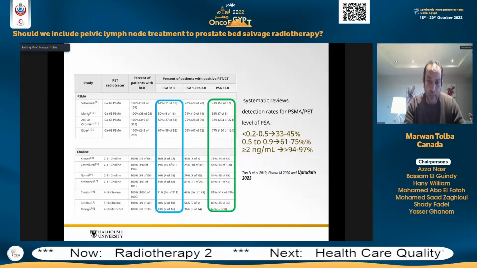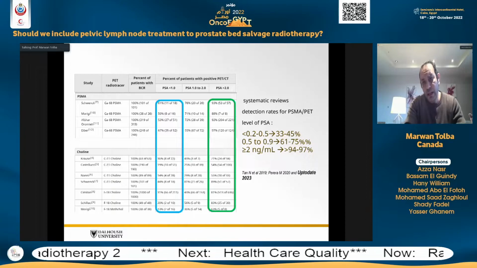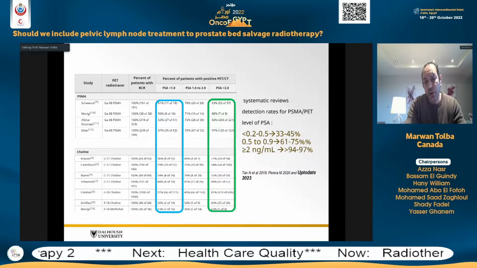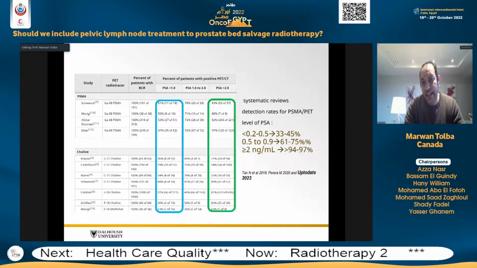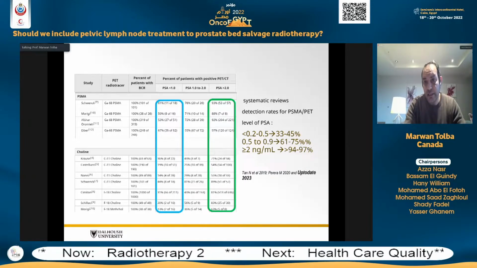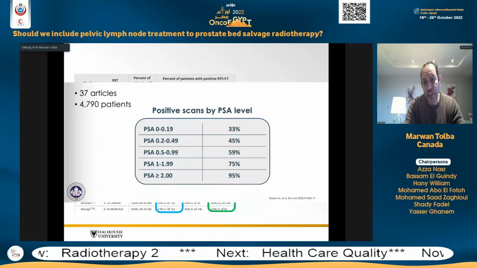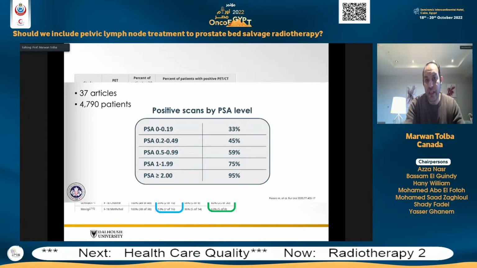Actually, according to many studies and systematic reviews, the detection rate or accuracy for occult metastasis using the PSMA PET scan ranges from 33 to 45% at PSA values less than 0.2 and up to 0.5. If we can see here, the Canadian Urological Association is defining the positive predictive value, or the accuracy rate, of detection of occult metastasis in the post-prostatectomy patient.